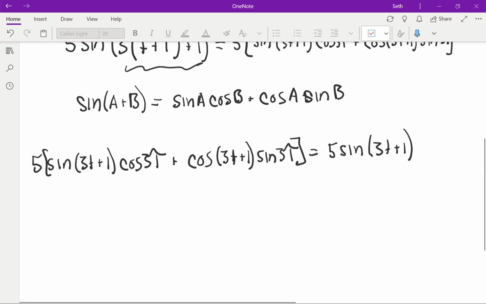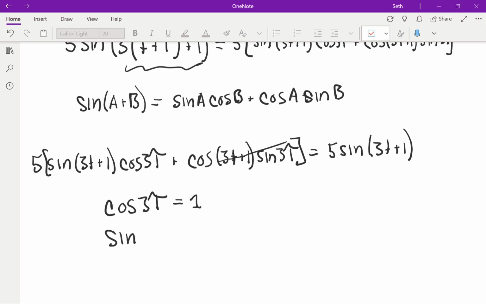Okay, so by inspection, you can tell that cosine 3 tau needs to be equal to 1, and sine 3 tau needs to be equal to 0, because we need to get rid of this completely if this is going to have any chance of being true. So sine 3 tau equals 0.